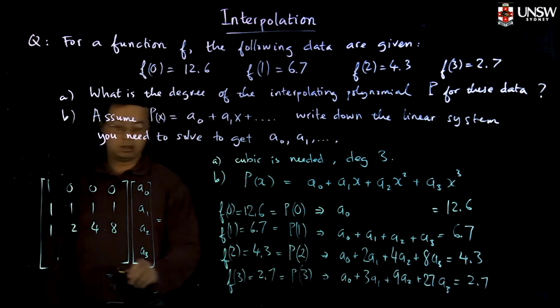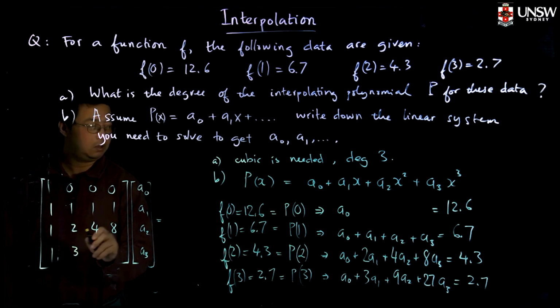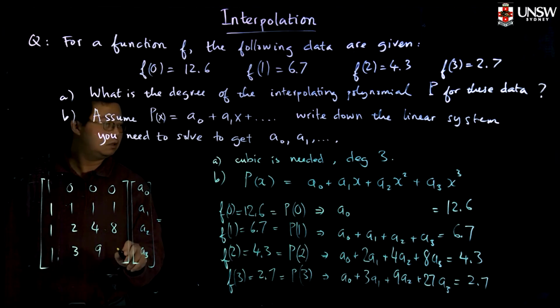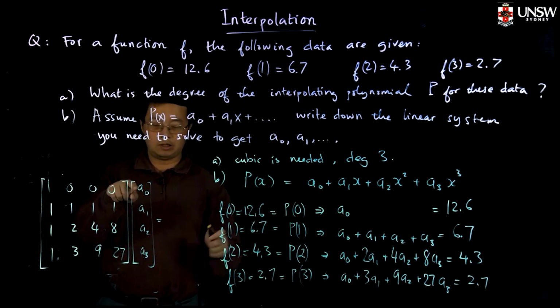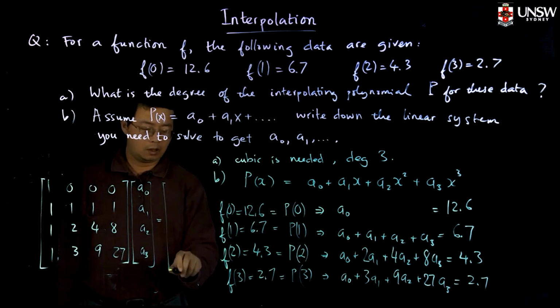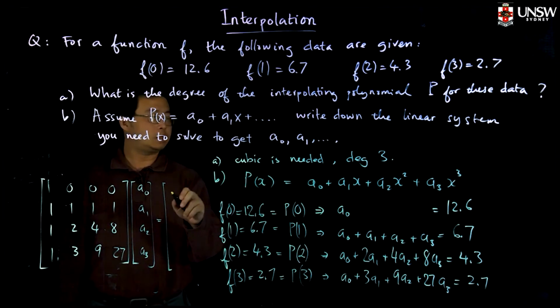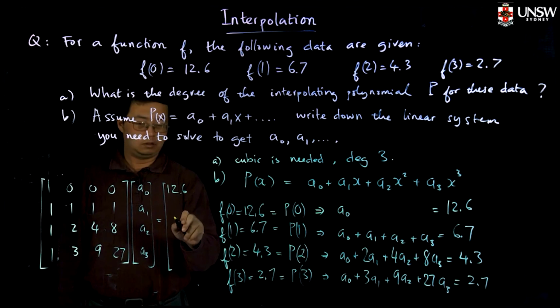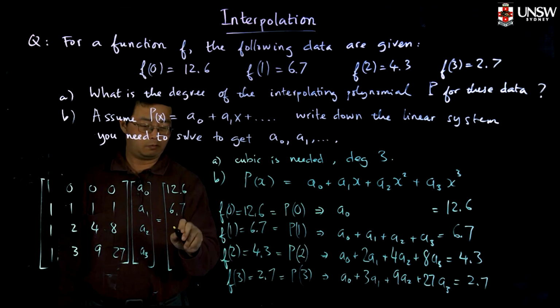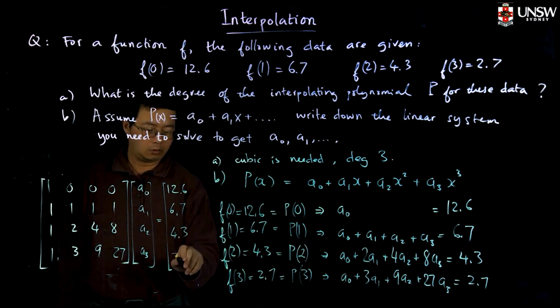The last equation is 1, 3, 9, 27. Then the unknowns are the coefficients a0 up to a3, and the right-hand side is 12.6, 6.7, 4.3, 2.7.